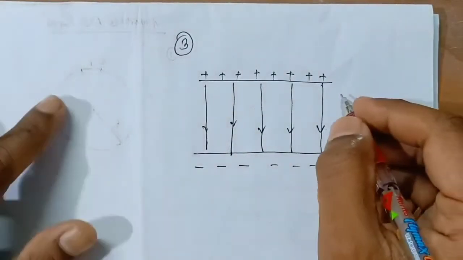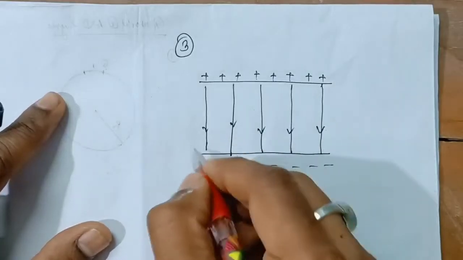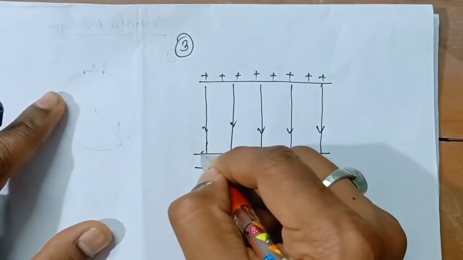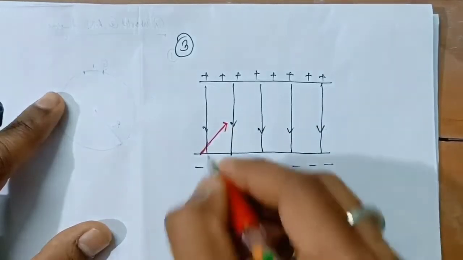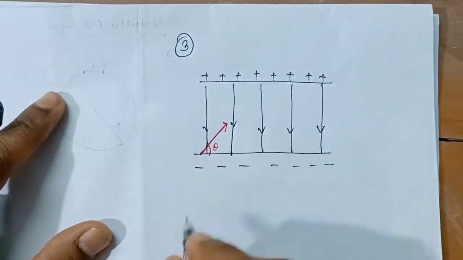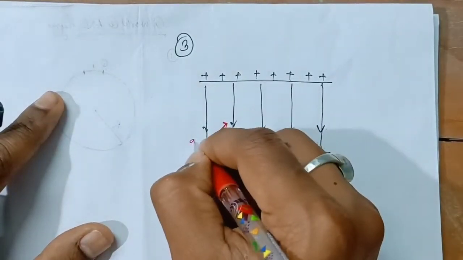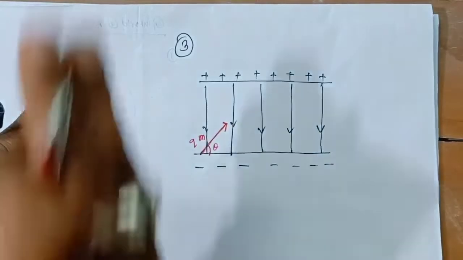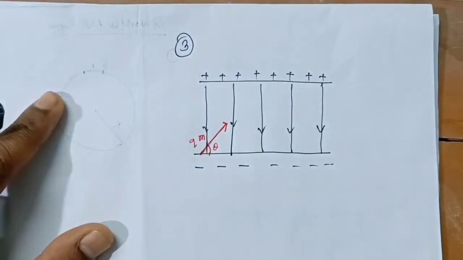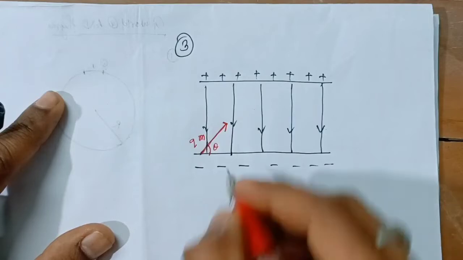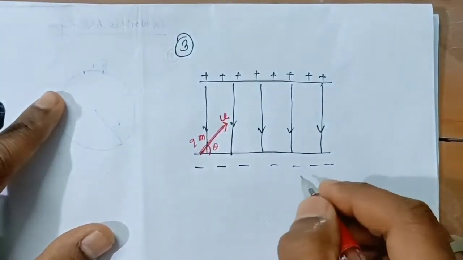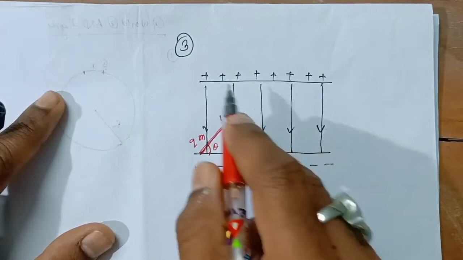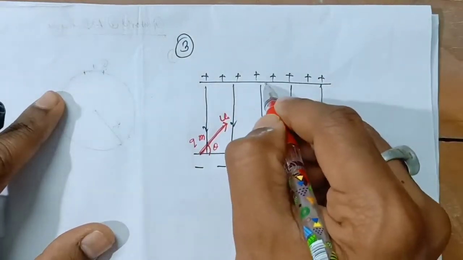And as usual, what is happening? We are projecting a charged particle, making an angle theta with the horizontal. This charged particle has charge Q and mass M. The question is asking, find the value of the velocity of this charged particle so that it will not touch the upper surface.